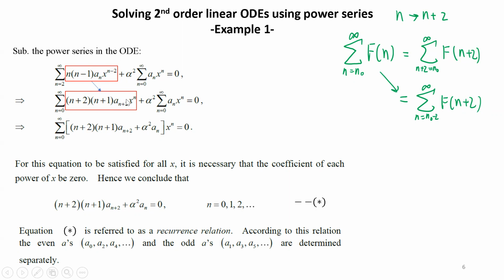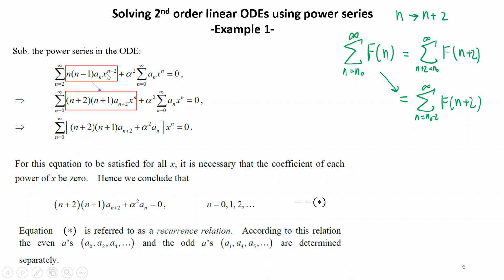As I said, it's easy to remember: whenever you see n over here, you just replace it by n plus 2. So why do we want to do that? It's because in the first term here, it comes with x to the n minus 2, and in the next term here, it just comes with x to the n.